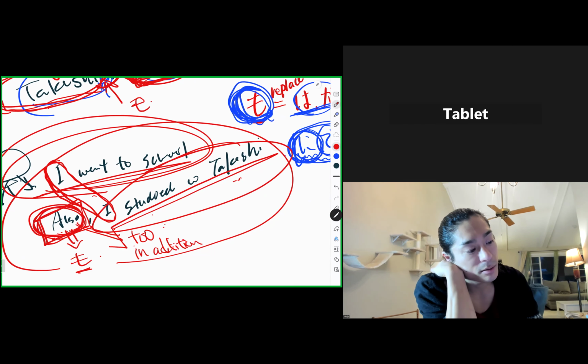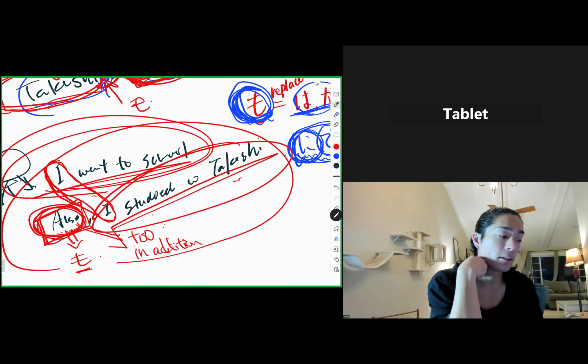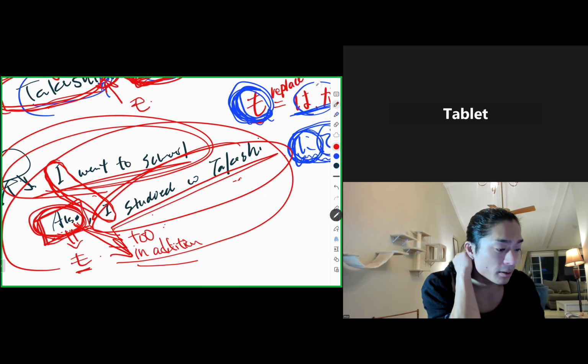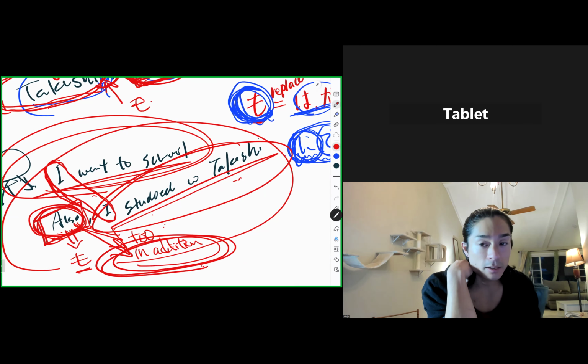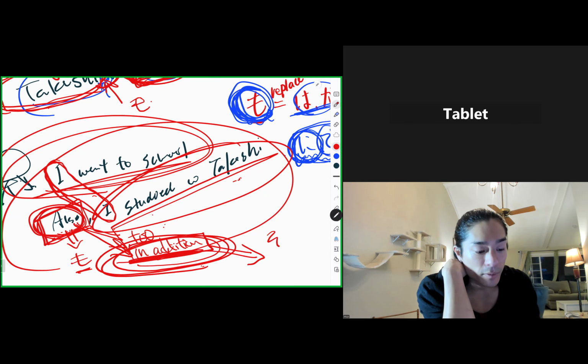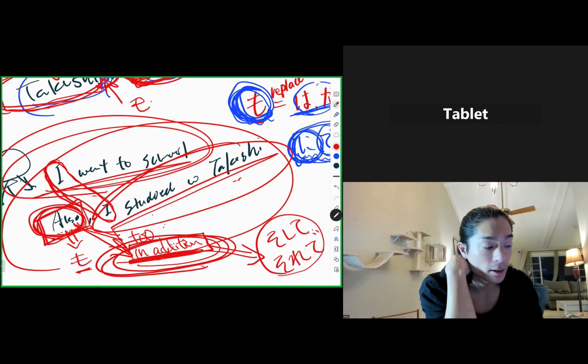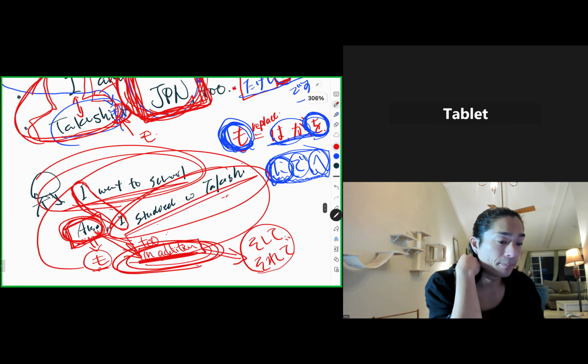Completely different information among the two sentences. Okay. Since it's used in this meaning, in addition, we just use the Japanese version of in addition, which can be そして, implied, can be それで in a casual setting. Okay. So use these instead. That's one thing I want you to be careful about.